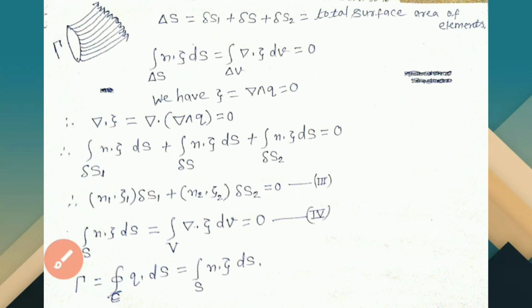At each point of delta s, n dot zeta is equal to 0, since zeta is tangential to the curved surface. Therefore n1 dot zeta 1 delta S1 plus n2 dot zeta 2 delta S2 is equal to 0.